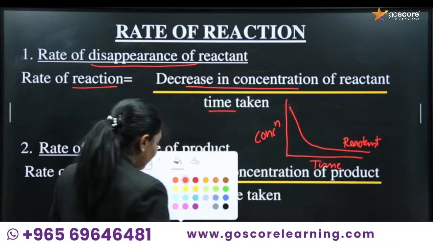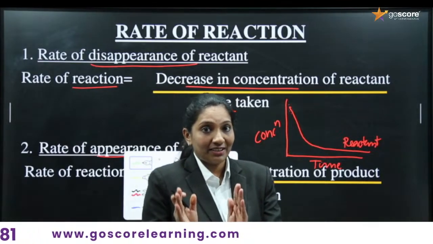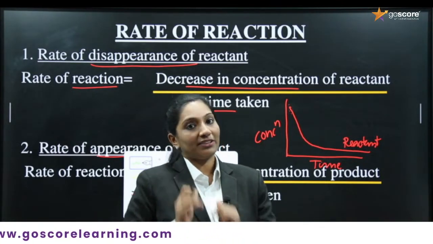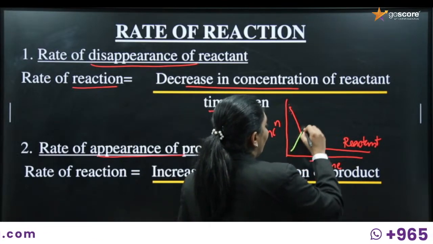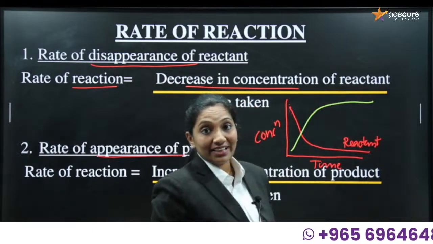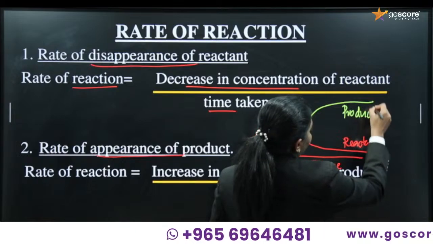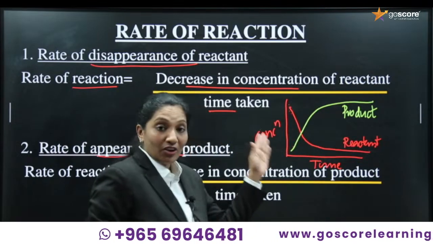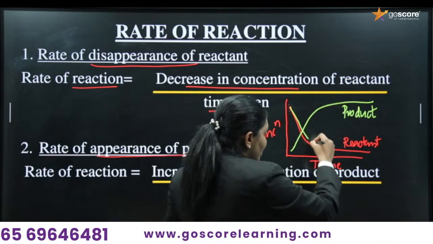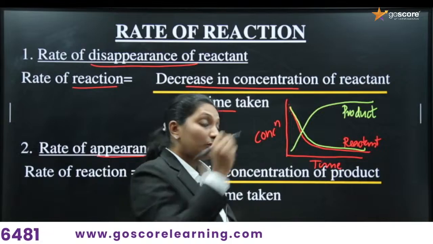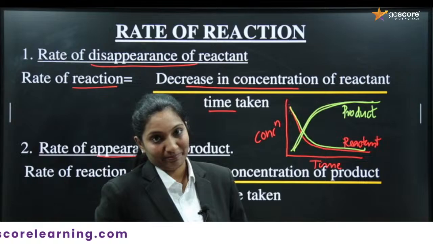At the same time, what about the product? Initially when time t is equal to 0, the product concentration is 0. As time proceeds, the concentration or the amount of product increases, right? So this will be the graph for product. So when you plot the concentration versus time, we can see that for the reactant, the concentration decreases, and for the product, the concentration increases with time.